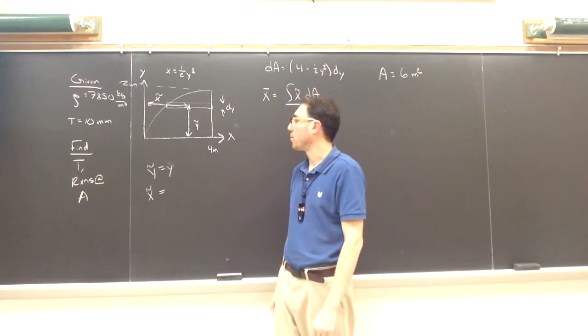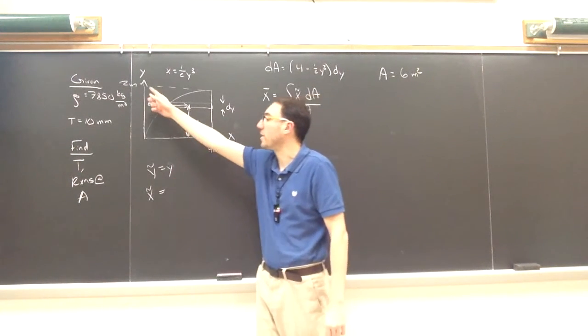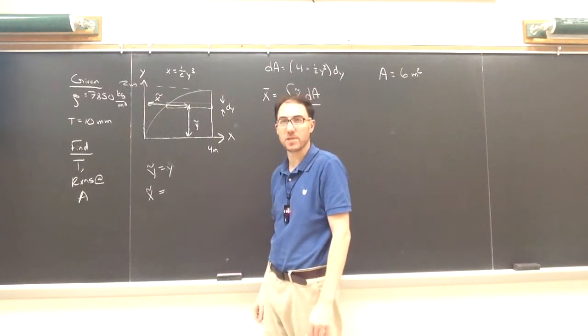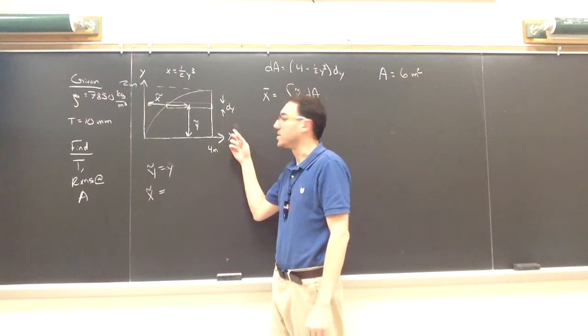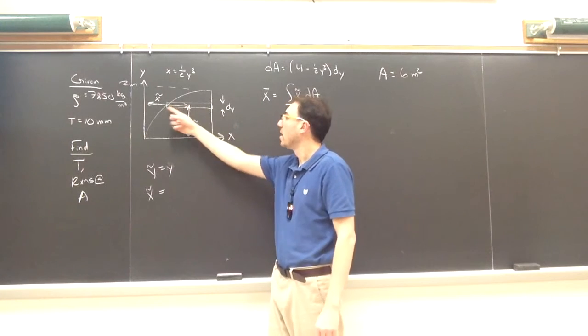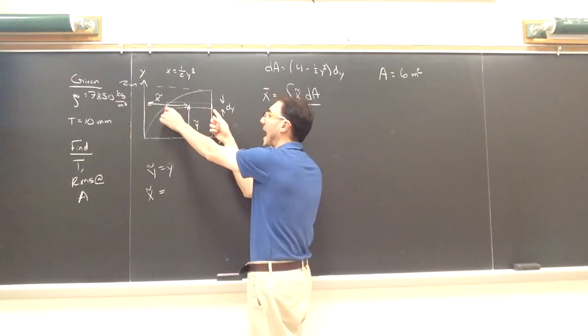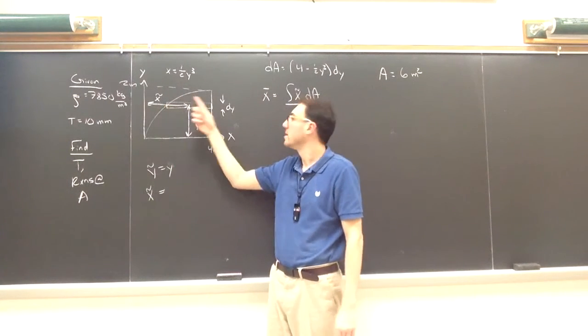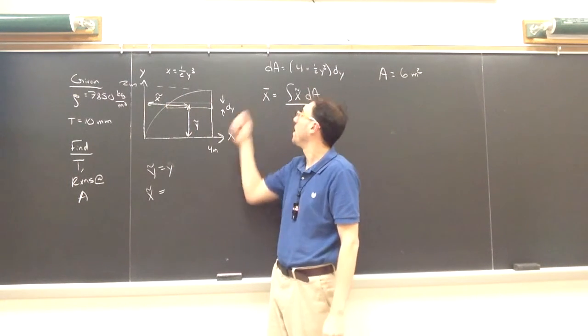Then we have to come up with what x tilde is. What's the distance between the y-axis and the centroid of each one of the strips that we have? It's really the same method we saw the other day, where it's going to be just the average location of the left side and the right side, as defined before.